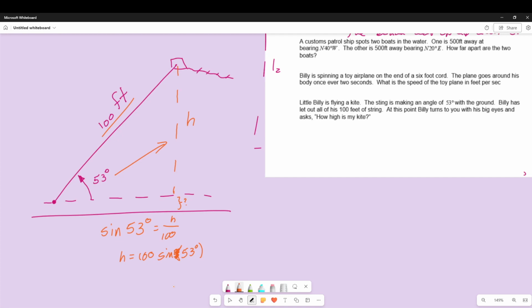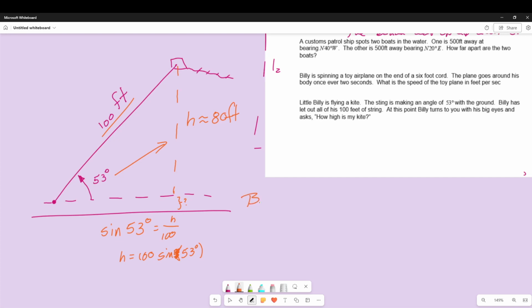And just because I don't think Billy would like that answer, let's actually get a value for it. 100 times the sine of 53 degrees. Not that I'm saying Billy can't handle exact values, but that's around 79. So it's approximately 80 feet.